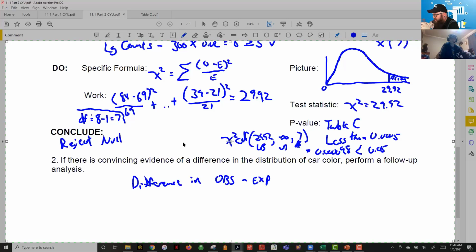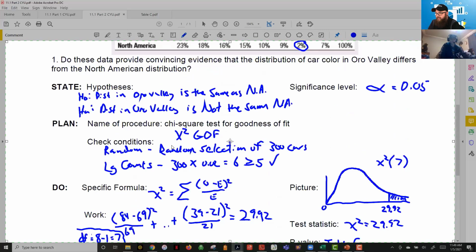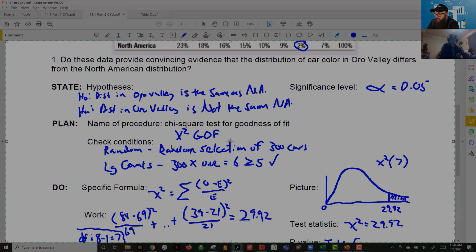And then understanding how to develop the hypotheses. Your null hypothesis says that everything is going to be the same, and your alternative says everything's different. And that takes care of pretty much all of 11.1 for that setup.